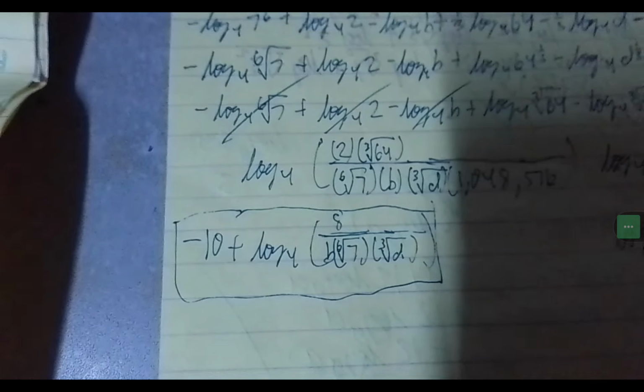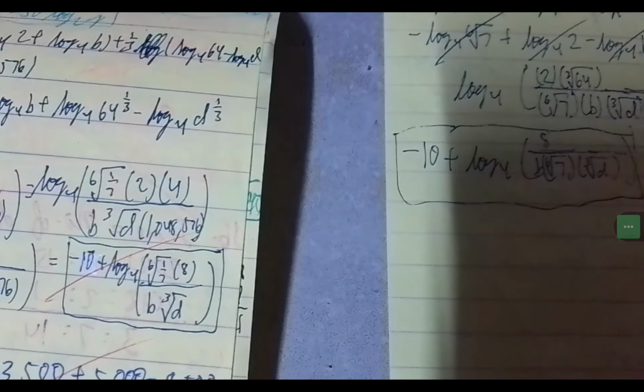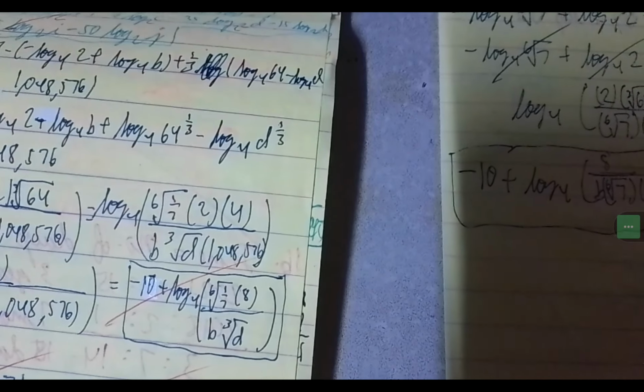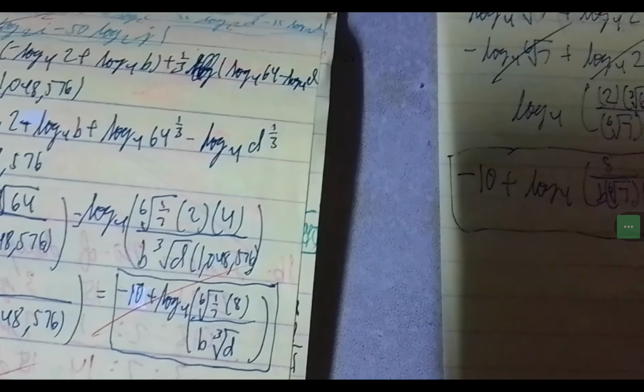Very good. And then minus 15 times the log base 2 of h. Very good. And then plus 25 times the log base 2 of i. And then minus 50 times the log base 2 of j. Very good. So that's correct.